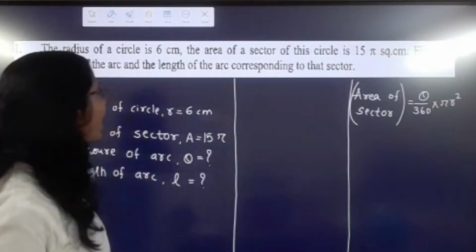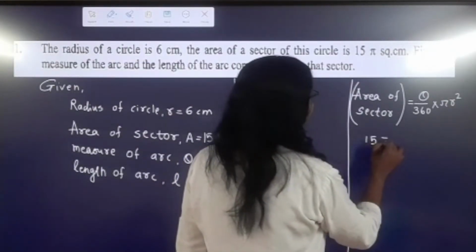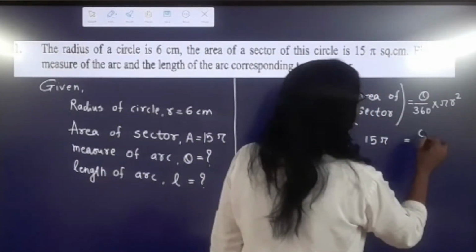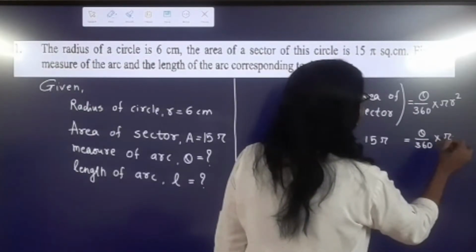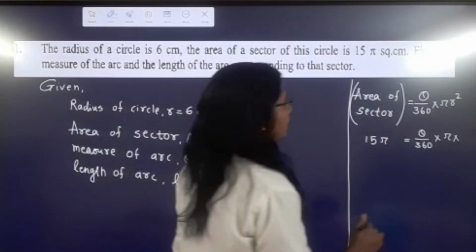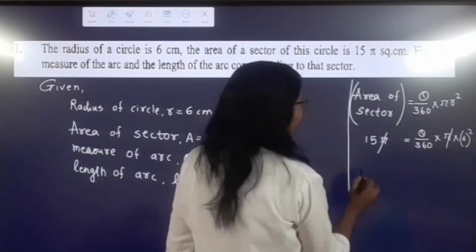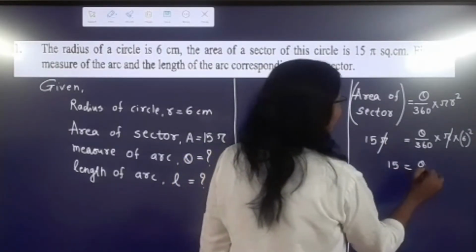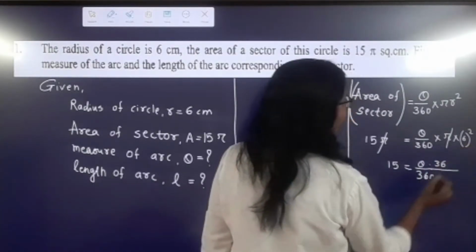Area of sector is 15 pi, which is equal to theta upon 360 multiply pi multiply r square, where the radius is 6. So pi gets cancelled, and then 15 is equal to theta upon 360 multiply 36.